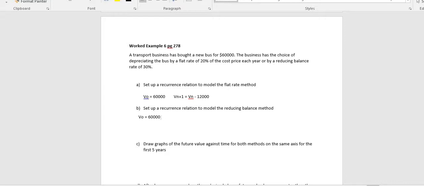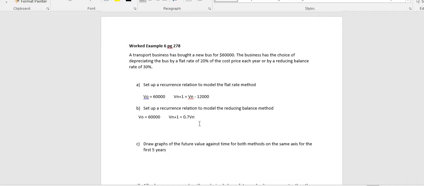Now the difference this time, Vn plus 1 equals, that big R, so it's 1 minus the depreciation rate over 100. My reducing balance depreciation here is 30%, so it's going to be 1 minus 30 over 100, which is going to work out to be 0.7.